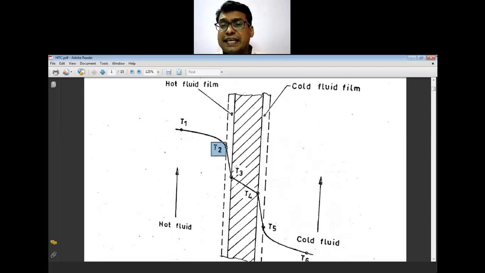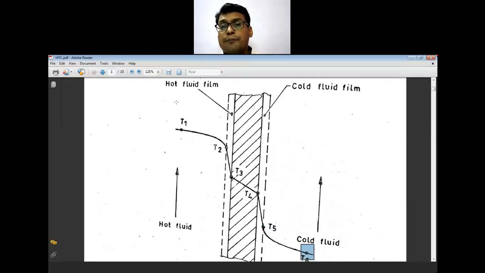T3 is the temperature on the hot fluid side of this metal plate. T4 is the temperature on the cold fluid side of this plate. T5 is the film temperature, and T6 is the bulk temperature. So there are 6 different temperatures considering the two films.